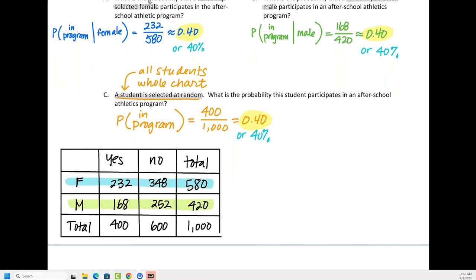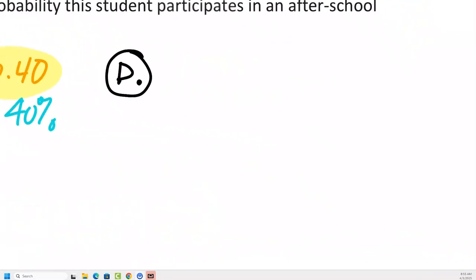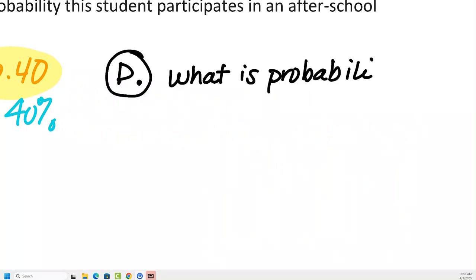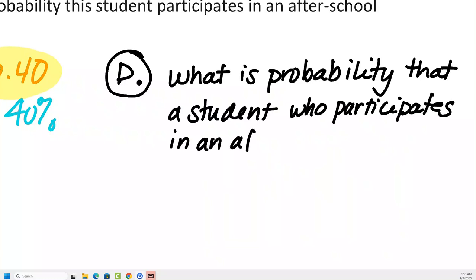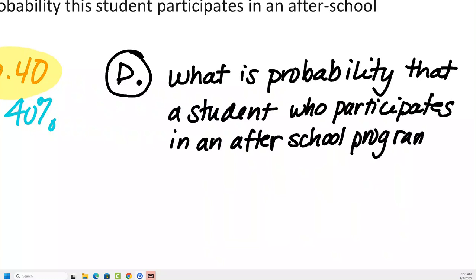So I want to do one more here. I want to add a problem, D. So let's come over here, and I'll say, what is the probability that a student who participates in an after-school program is female?